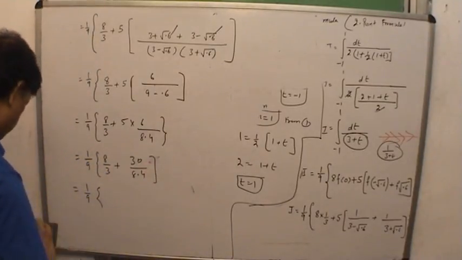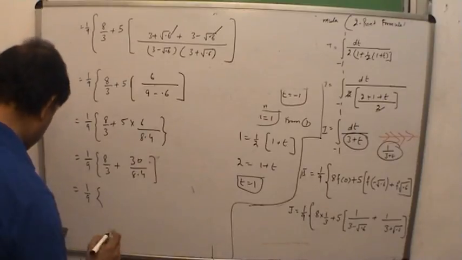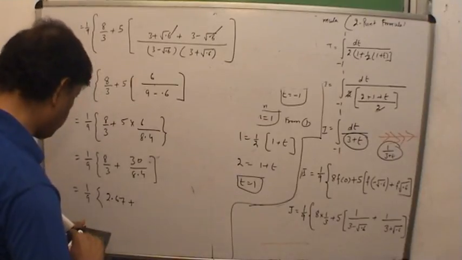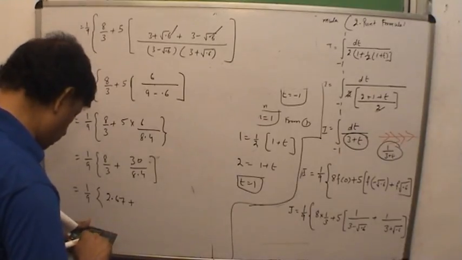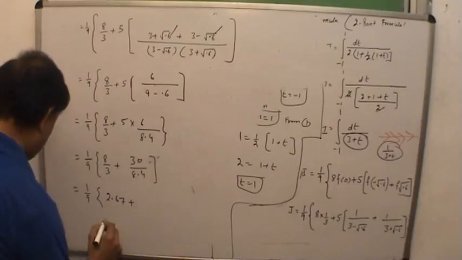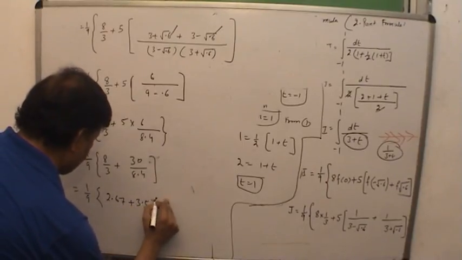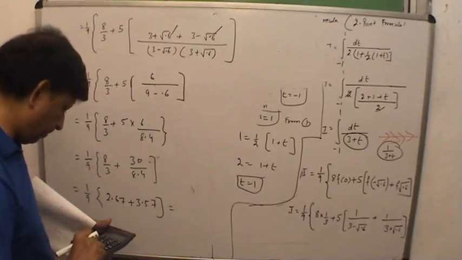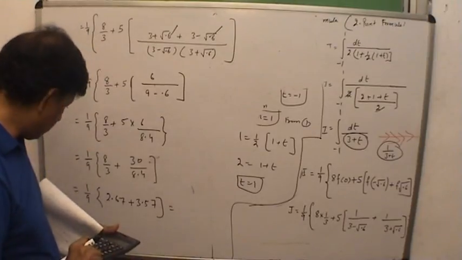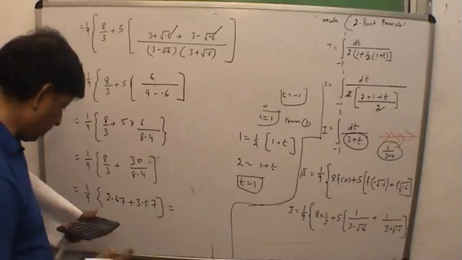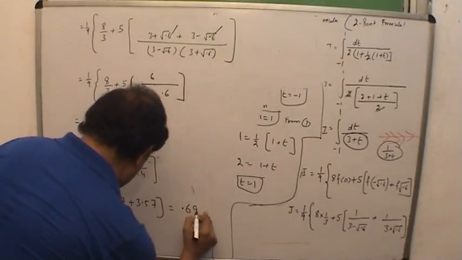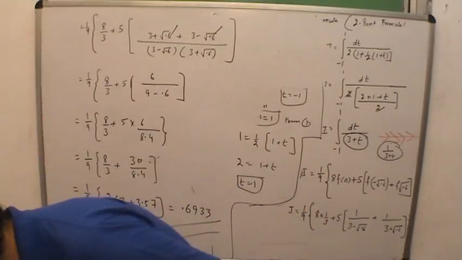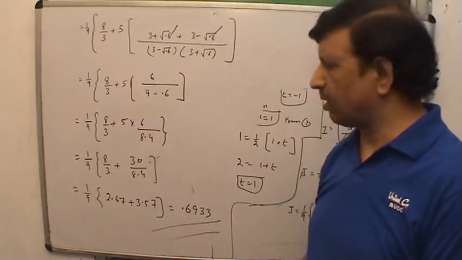We can calculate it now. 8 by 3 is equal to 2.67 plus 3.57, divided by 9. That is equal to 0.6933. That is the complete calculation for the Gauss-Legendre 3-point formula or 2-point formula.